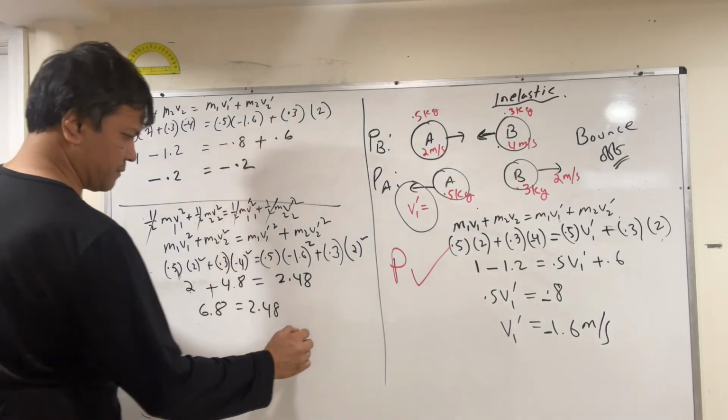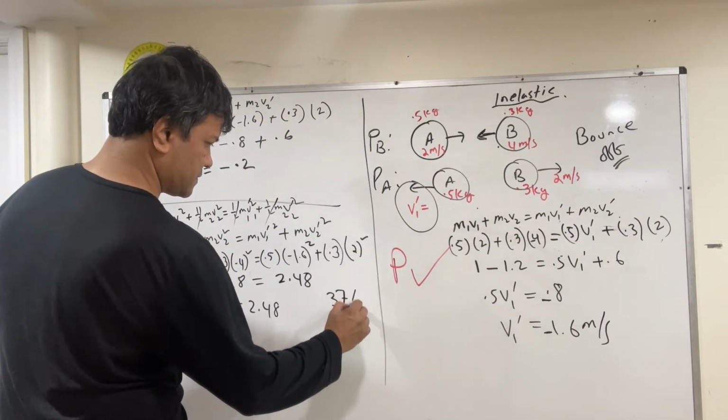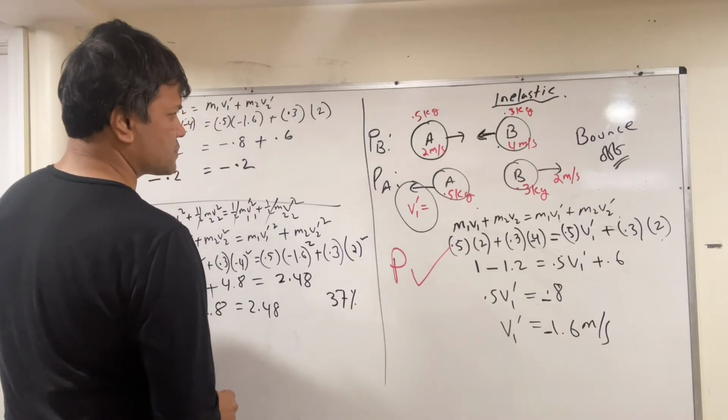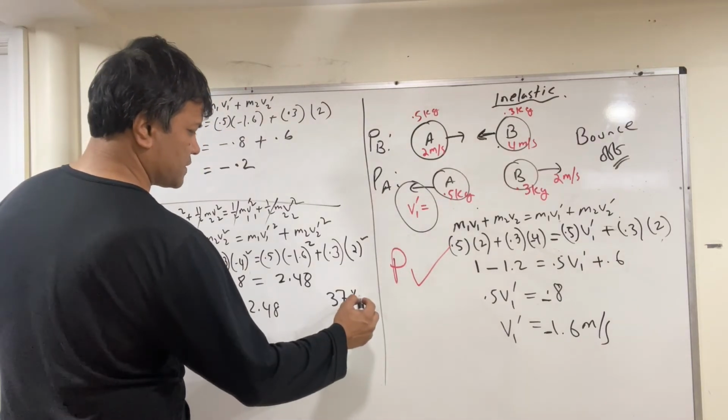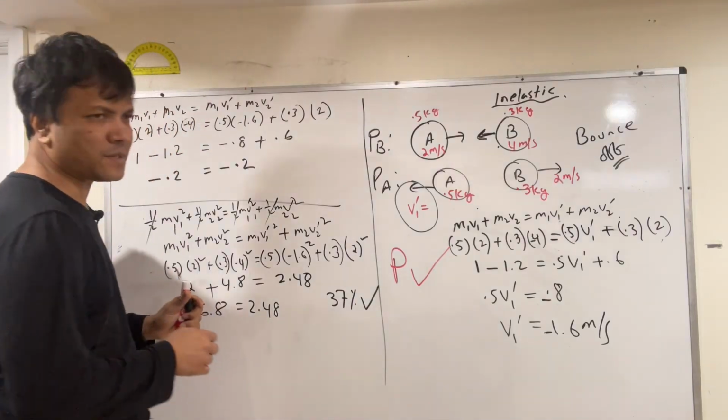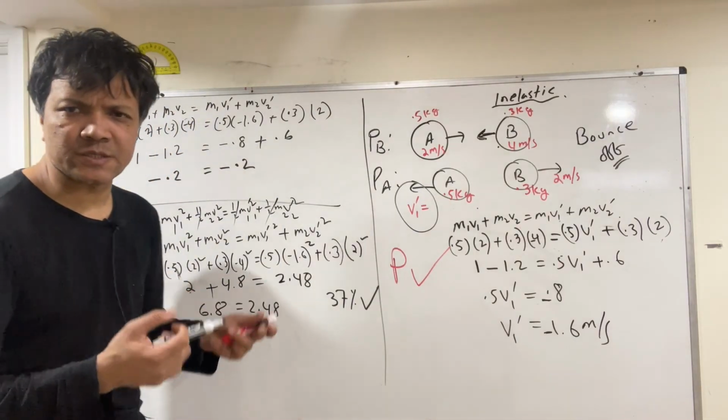Alright, so you conserve 37%. So how much conservation of energy? 37% conservation of energy, and the remaining energy is lost.